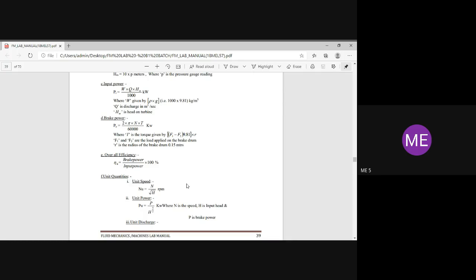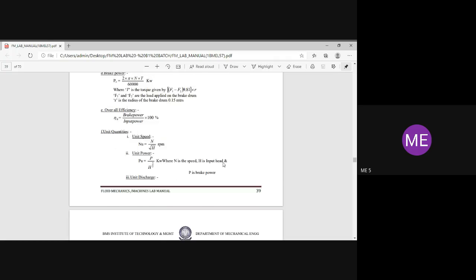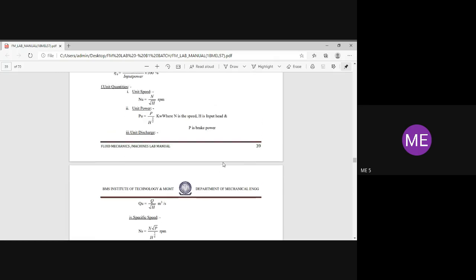In turbines, calculations are most important. Try to do the calculations correctly. Okay, last, write down this also for unit quantities.